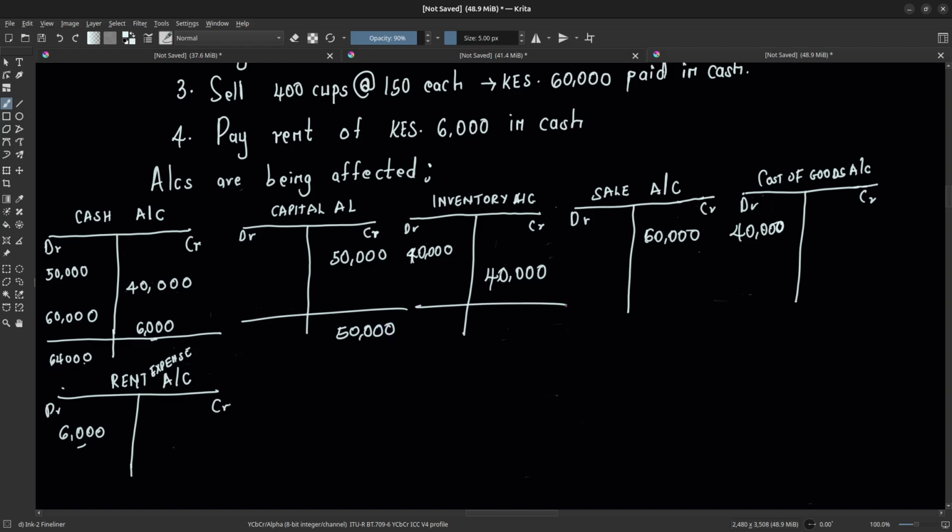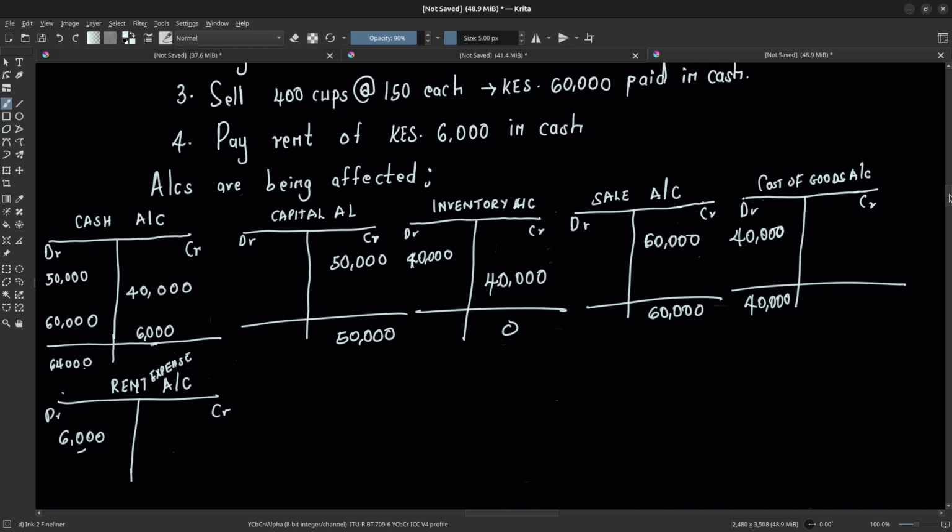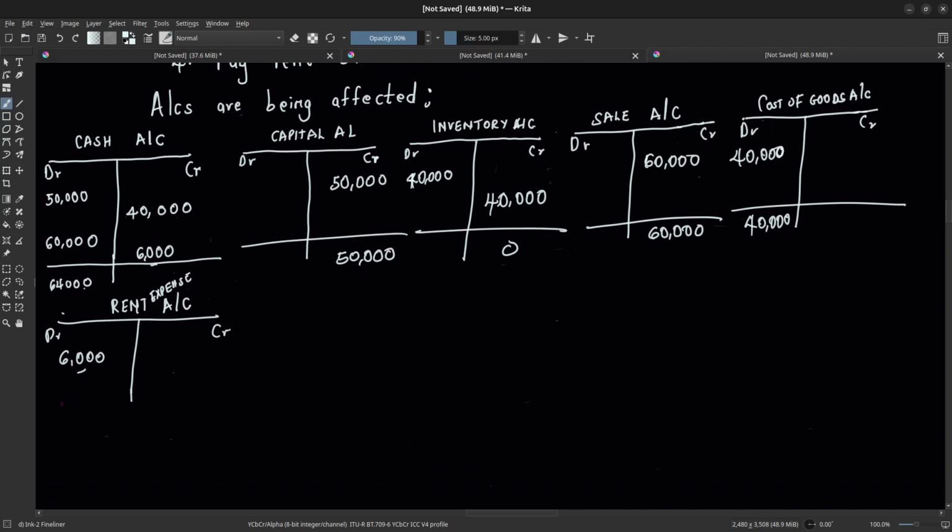Here we have 0 because 40 minus 40 is 0. On here we have sales 60,000. Here we have cost of goods, we have 40,000. And then on the rent expense account, we have a debit of 6,000.